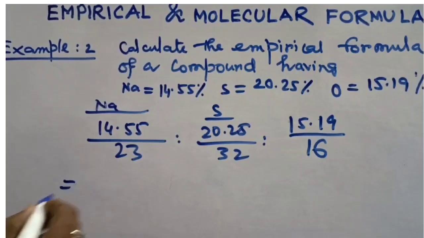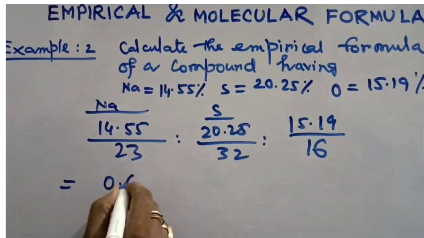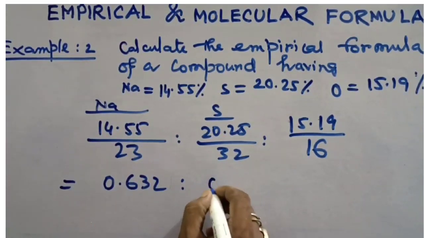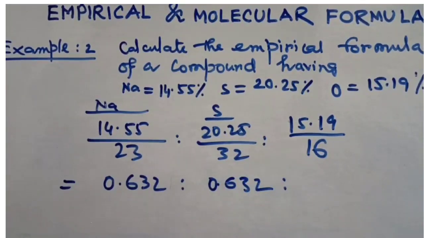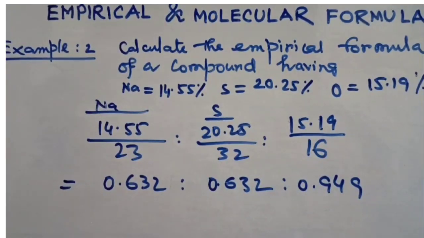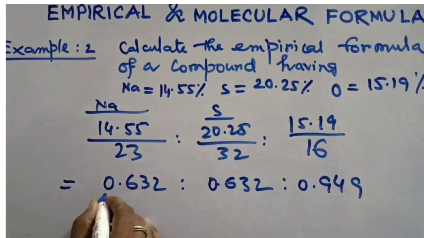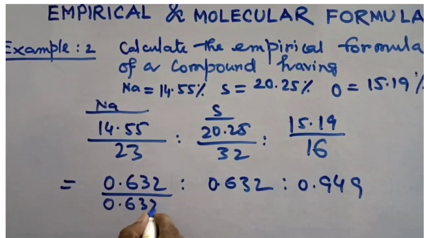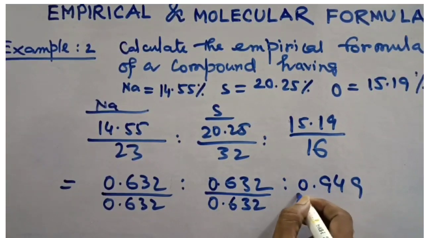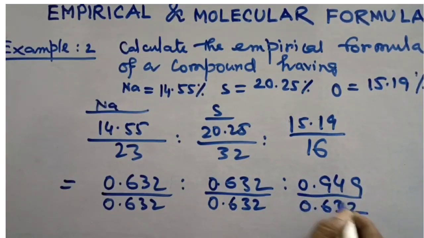By dividing we get 0.632, that is also 0.632, and 0.949. Now the smallest number is 0.632, and we have to divide each number with the smallest number 0.632, that is 0.632 by 0.632, 0.632 by 0.632, and 0.949 by 0.632.